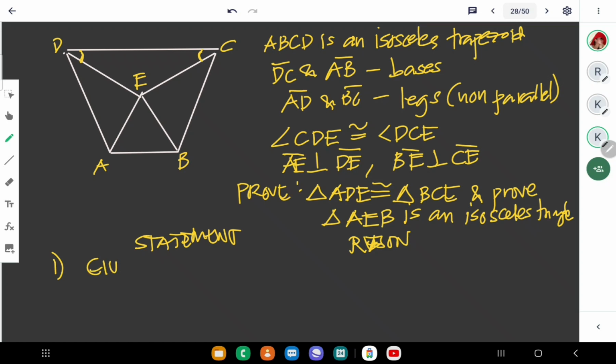So given, you can write all the given here. Your reason will be given. Okay, so we're given here an isosceles trapezoid ABCD. So we can start on the legs of the trapezoid.